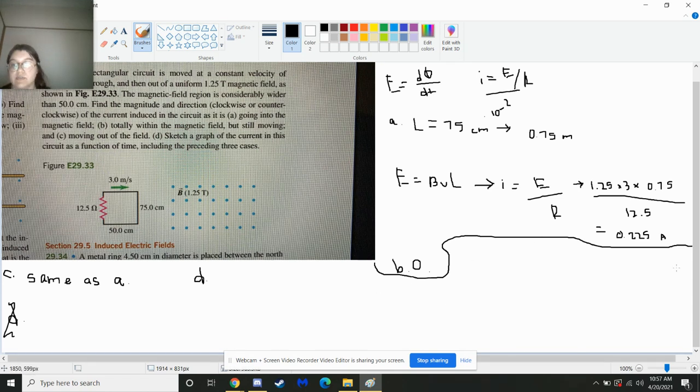Let me just find my cursor again. Okay, so we can just go like this.